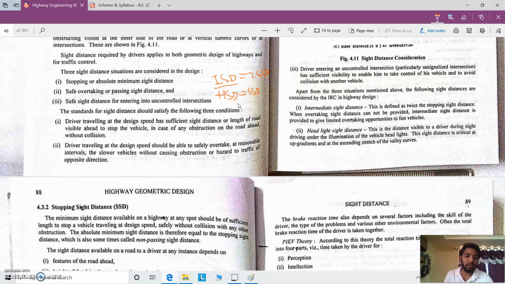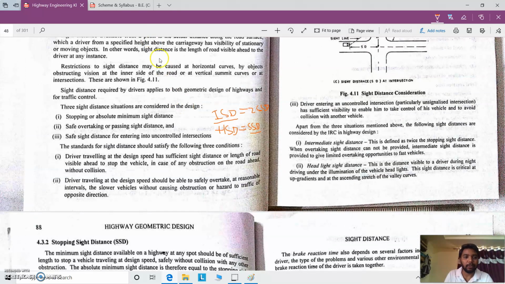So whenever you are asked to calculate headlight sight distance for a particular speed of a vehicle on a highway with a design speed, you have to calculate the stopping sight distance, and that is nothing but the headlight sight distance. So this much is enough on intermediate sight distance and headlight sight distance recommended by the Indian Roads Congress.